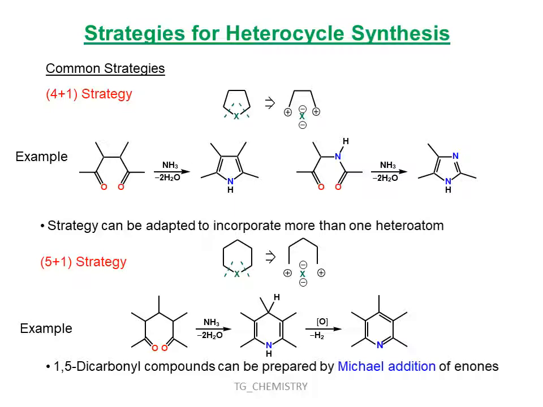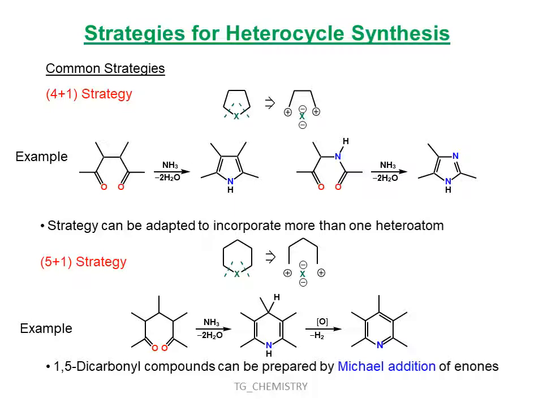Now to begin with the 4 plus 1 strategy, you can see the retrosynthetic approach to obtain the logical synthons and how they proceed for the forward reaction with easily available synthetic equivalents of those logical synthons. For example, the 1,4-dicarbonyl, when reacted with ammonia and upon dehydration, gives pyrrole or its derivative.